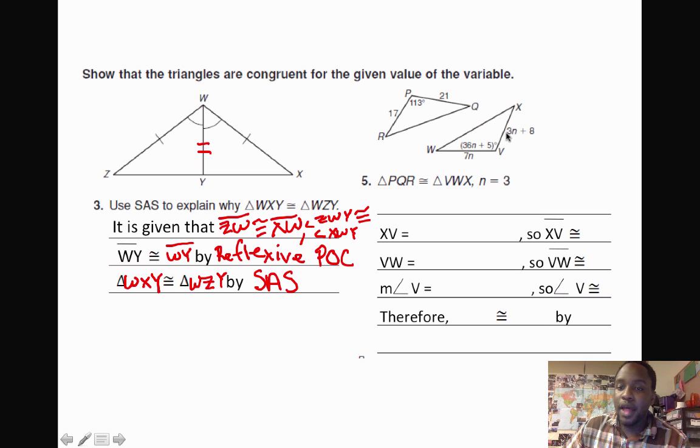And then 9 plus 8 is 17. And 3 times 7 is 21. So we have corresponding sides that are congruent, and an included corresponding angle. Therefore, we can say that triangle PQR is congruent to triangle VWX by side angle side.